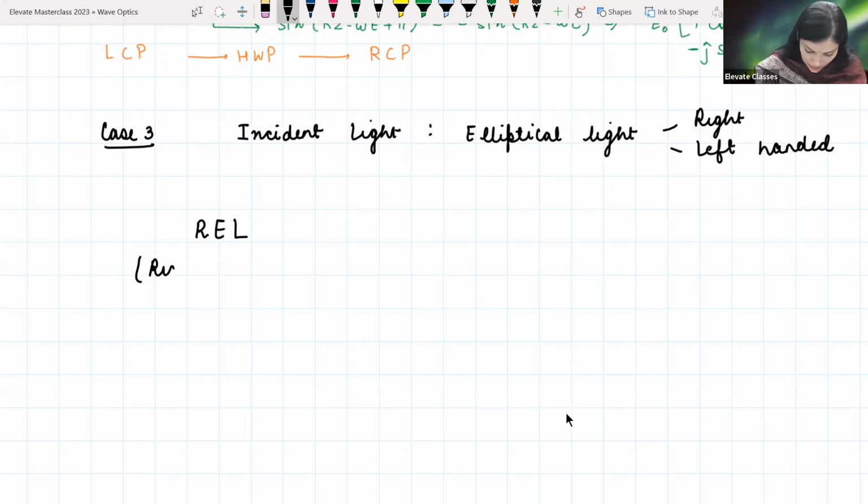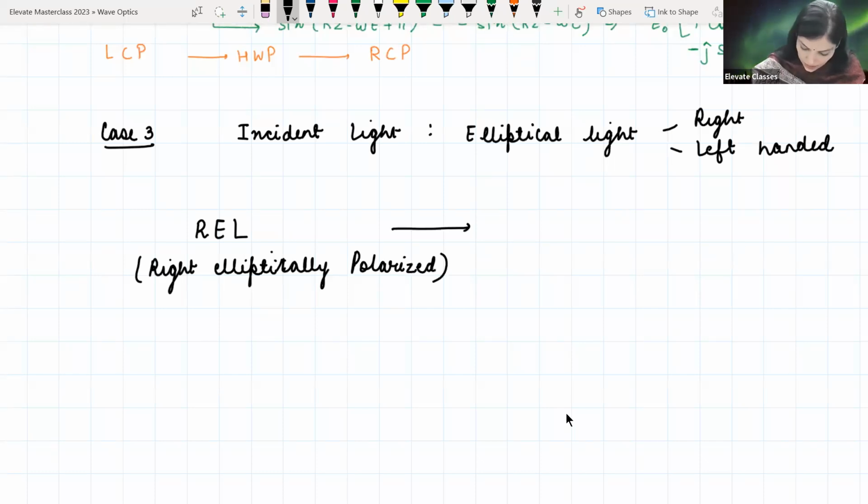What this means is right elliptically polarized light falls onto a half wave plate. So on the other end, I will get a left elliptically polarized light, okay?